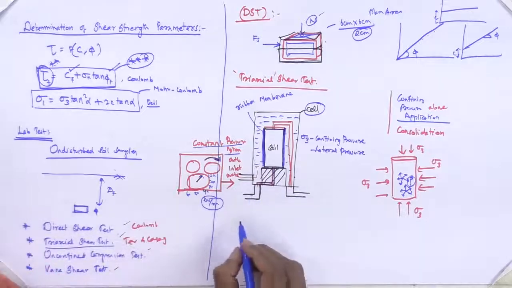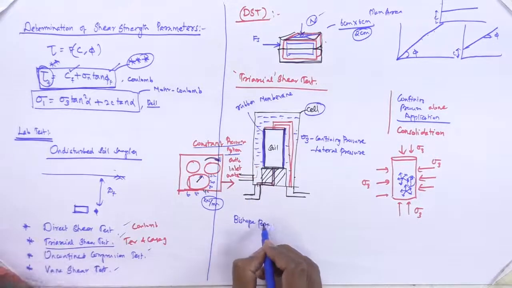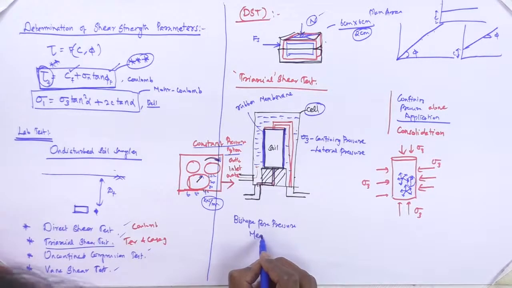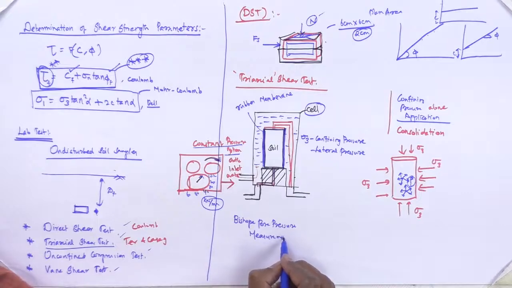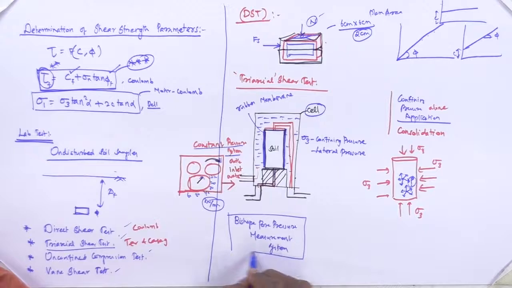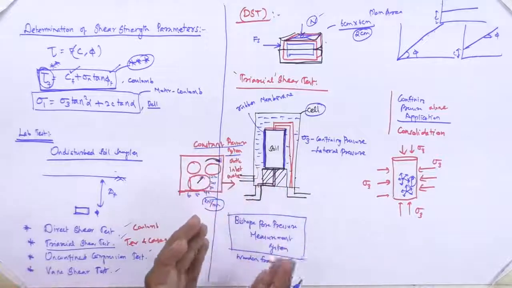we have some tubes connected at both top and bottom. This is connected with Bishop's pore pressure measurement system, which is in a wooden frame.